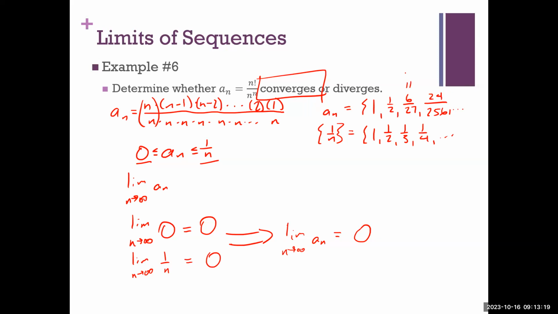It's 2 over 9, as opposed to 0.3 repeating. This is 0.25; 24 over 256, I'm not even going to try that. I can see though it's less than a tenth.